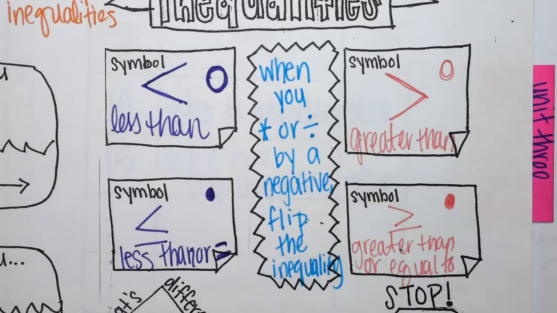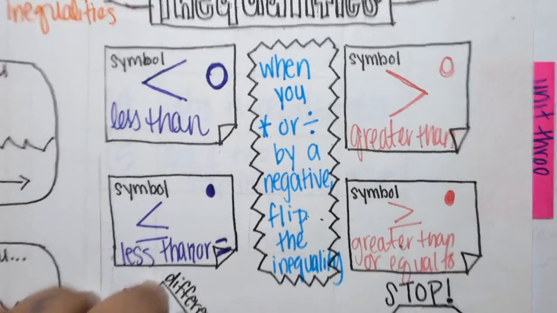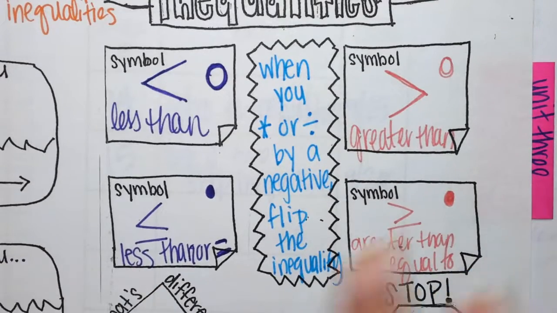So when you multiply or divide by a negative, flip the inequality. So we're going to practice two problems, and then you're going to tell me what's different about these, and then we're going to stop and look at stuff.